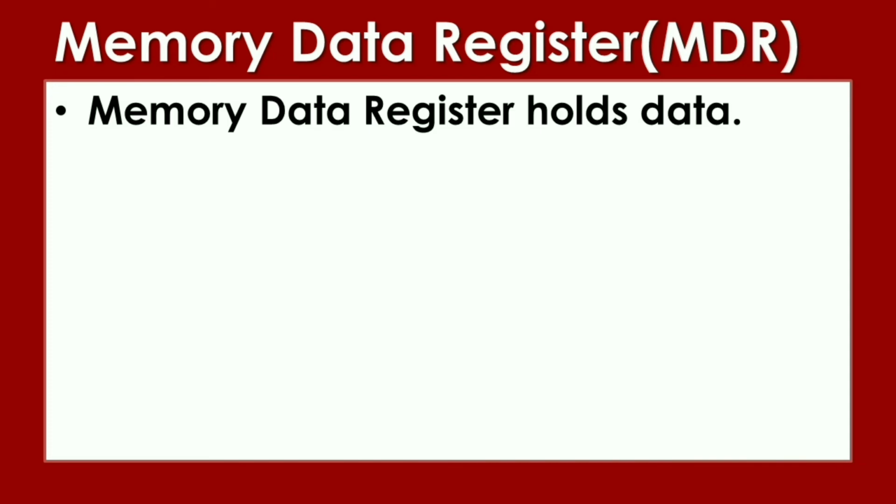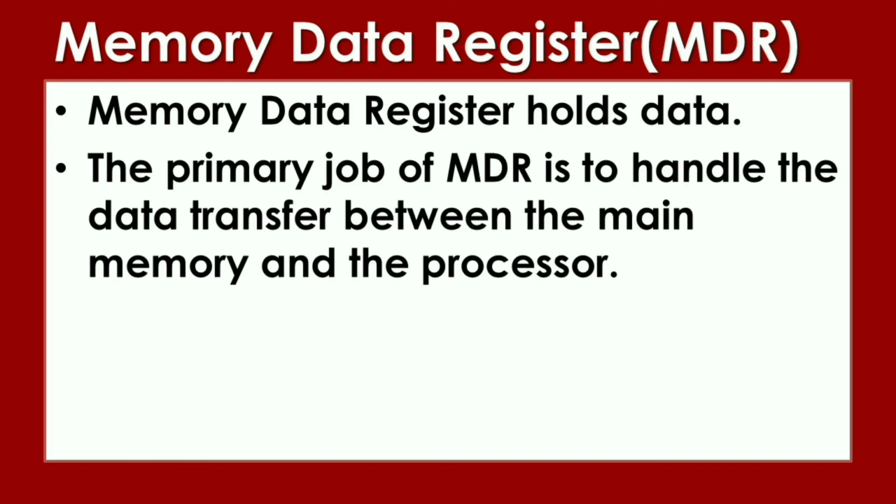So, along with the MAR, we also have the Memory Data Register or MDR. It holds the data. So, kung yung MAR kanina, it only holds the address, yung MDR naman, guys, ang hawak niya is the data. The primary job of MDR is to handle the data transfer between the main memory and the processor.